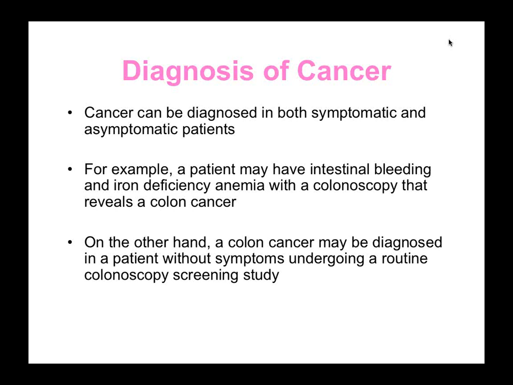On the other hand, you can have a situation where a person comes in for a routine physical and just turned 50 years of age, and so the primary care doctor recommends a colonoscopy for screening for colon cancer, and a colon cancer could be detected in that setting where the patient felt well and had no symptoms at all of an underlying cancer.